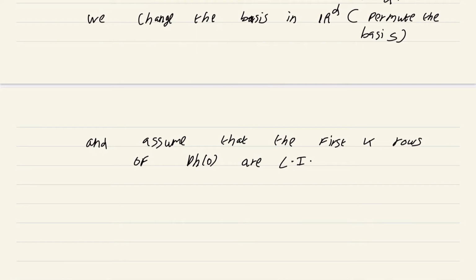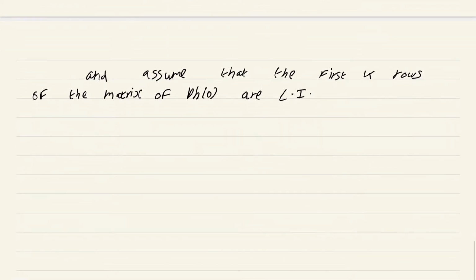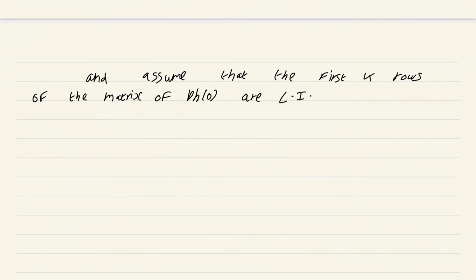Okay, the matrix, to be 100% precise, first k rows of the matrix of DH0 are linearly independent. We can do this. There will be k rows that are linearly independent. You just permute the coordinates to make those k rows the first k rows of the matrix of DH0.